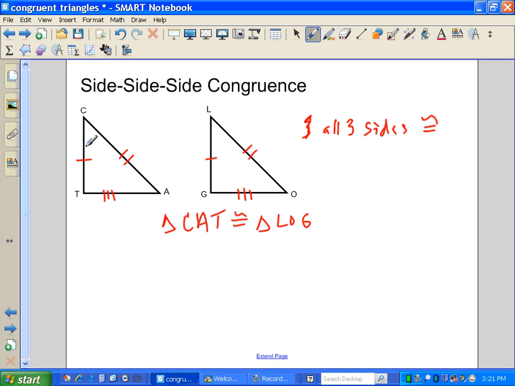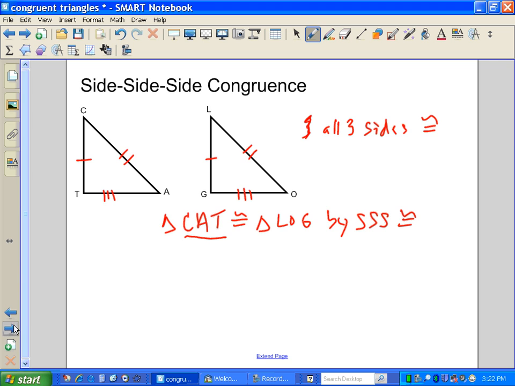It would not be correct in this case to say that triangle CAT is congruent to triangle LGO, because we want to list the angles of the triangle in the order in which they're congruent. So since side length CA is congruent to side length LO, we want to list those in the same order. So we'd have triangle CAT is congruent to triangle LOG by side, side, side congruence.